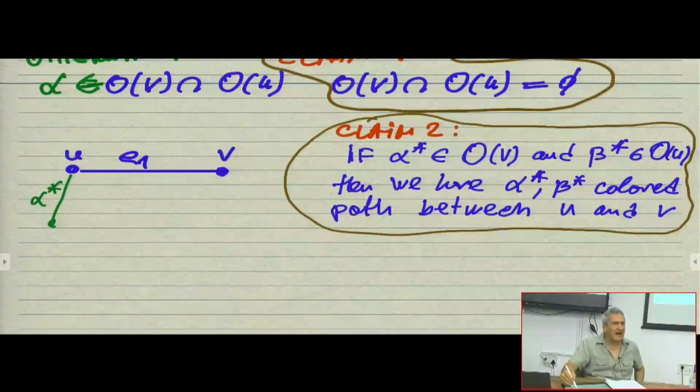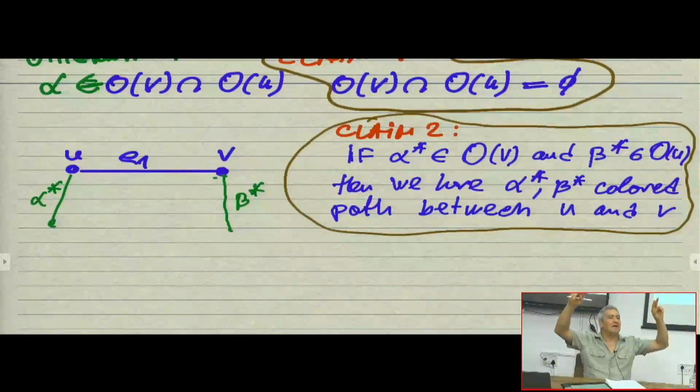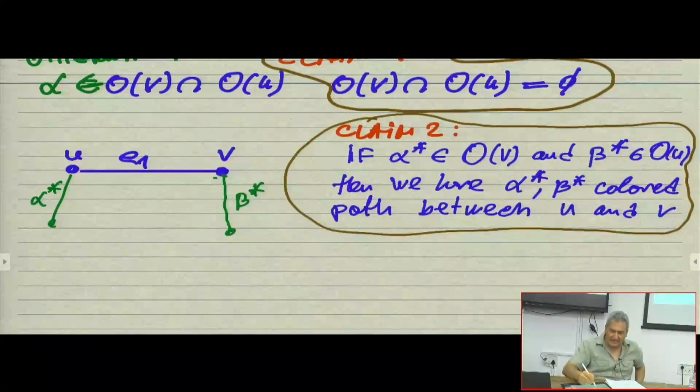Beta star doesn't belong to the missing colors of U, so by claim 1, beta star will appear here. Now I take this Kempe chain path. If here is alpha star, I come to here and go further.